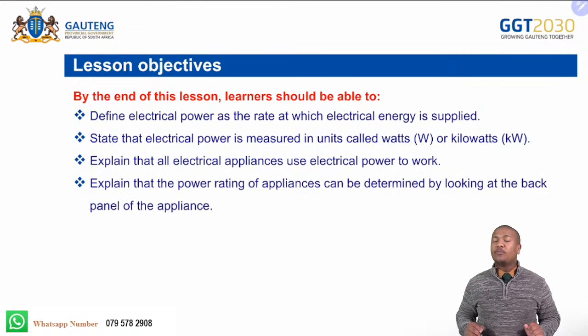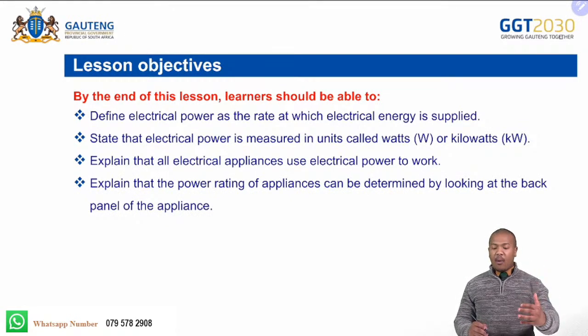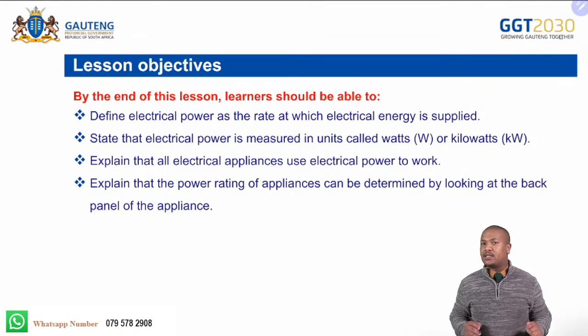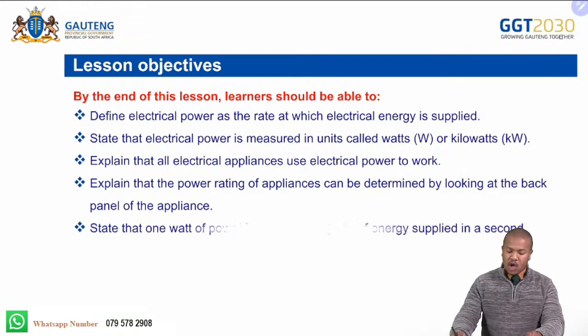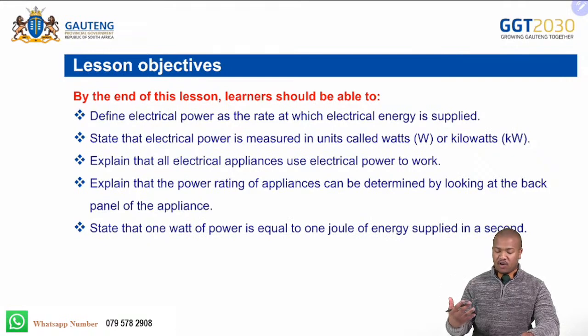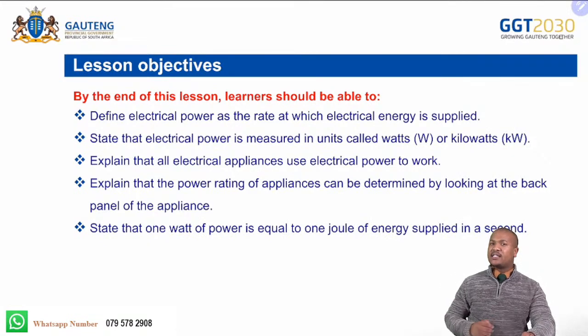Also, you should be able to explain that the power rating of appliances can be determined by looking at the back panel of the appliance. Also, you should be able to state that 1 watt of power is equal to 1 joule of energy supplied in a second.